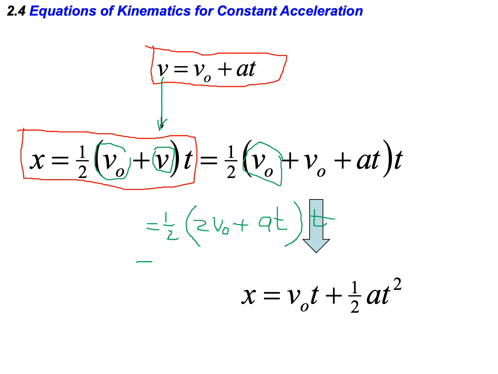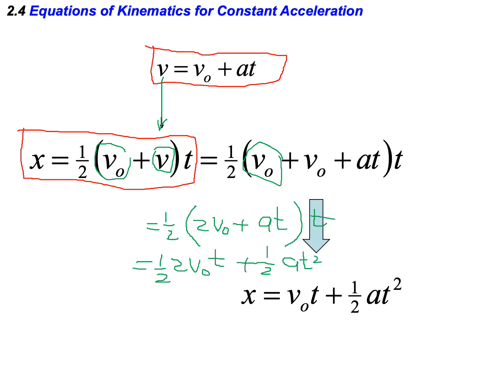Then I have half times 2 v naught, and there's a t here, plus half at times t, a t squared.